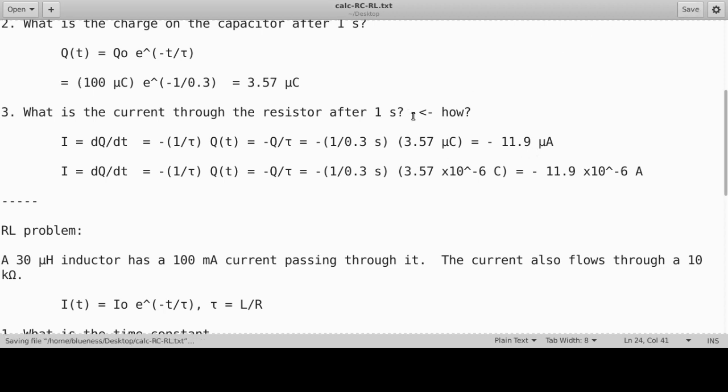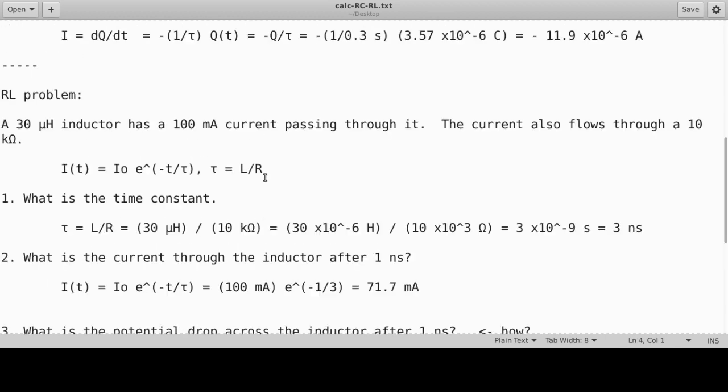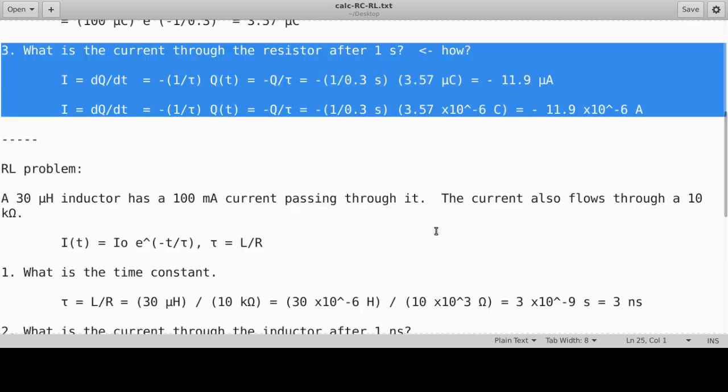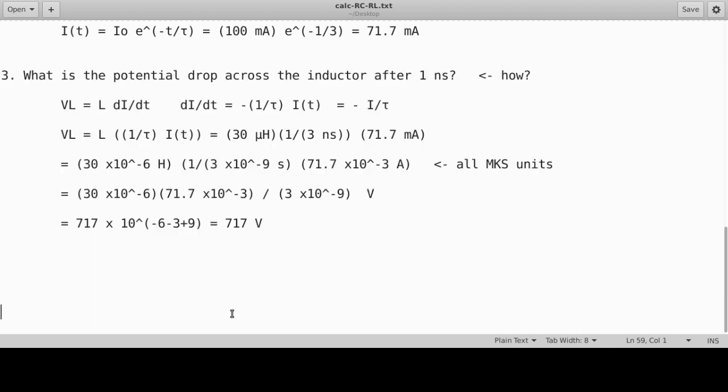So this is just basically your RC circuit and your RL circuit. And I won't do any calculus for the LC circuit, okay, because it's just sinusoidal motion. But this question number 3 here, for both of them, that's something that's beyond what you can do without calculus.